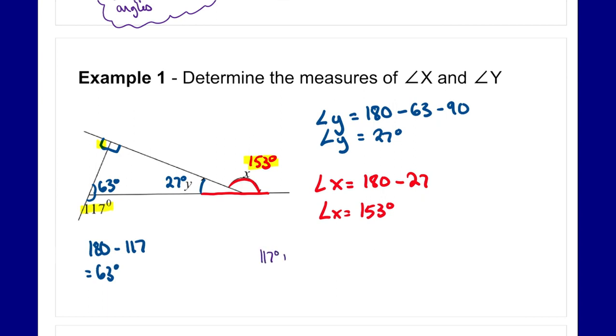So 117 plus 153 plus 90 equals 360 degrees. Right, so that's a property of triangles as well, and that is the sum of exterior angles is 360 degrees.